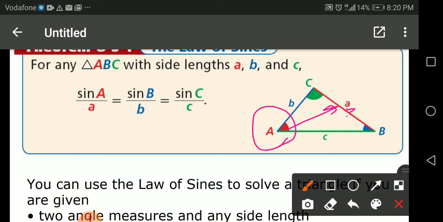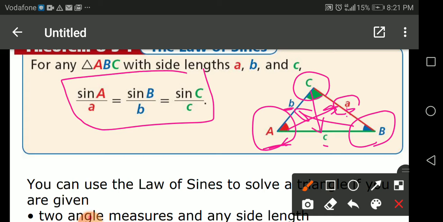So the sine of angle A over its opposite side A equals the sine of angle B over its opposite side B, which also equals the sine of angle C over its opposite side C. Okay guys, this is my new rule. It's a very easy one.